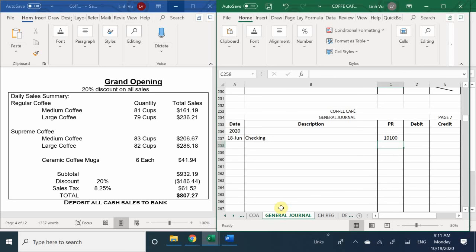The whole amount, because it already showed the discount and the tax. 80727. Okay. What else do I need to have here? Sales discount. You need the sales discount, right? Sales discount is a contra account.